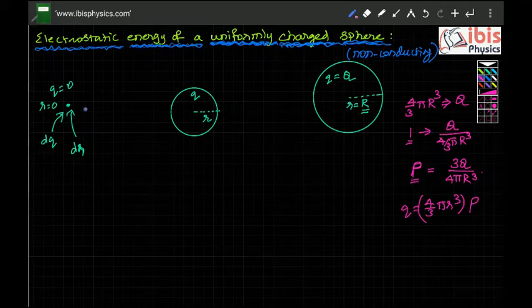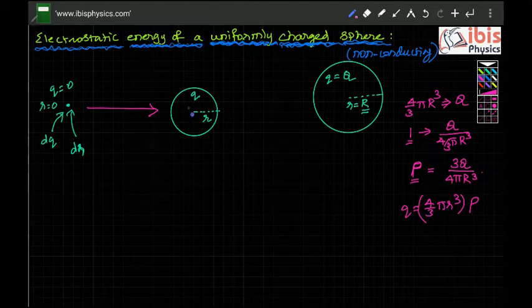So in between, when you come from this stage to this stage, this charge q has to be equal to volume into charge density. That charge density has to be this much. So right now we have built up a small sphere of radius r whose volume is 4/3 pi r cubed. And one more thing.